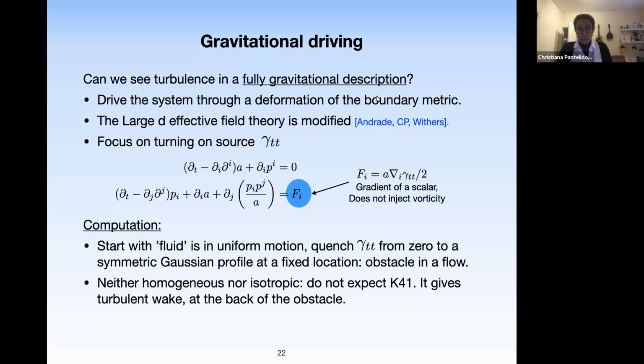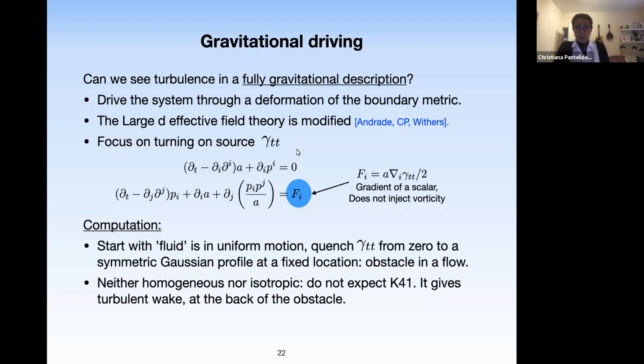And this is precisely what we did with Ben and Thomas a few years back. And in particular, when one turns on only the TT component of the boundary metric, these large D effective equations look like this. And in particular, they have the same form as I showed in the previous case.